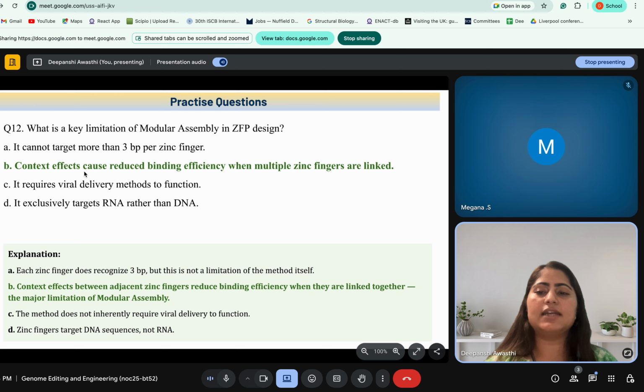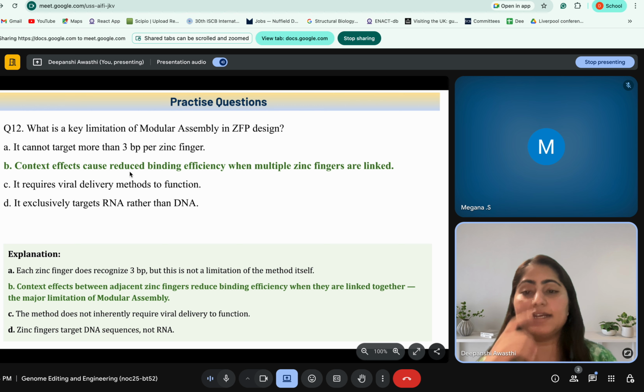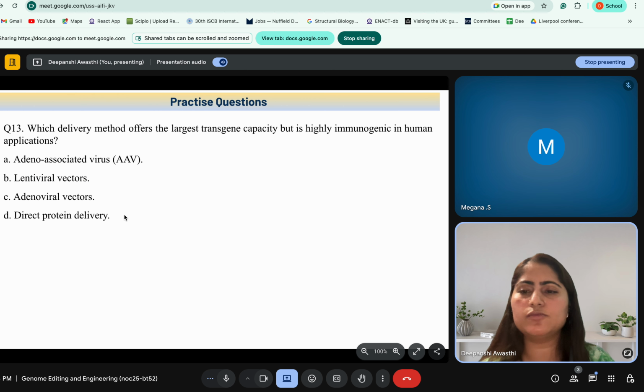The key limitation is that if we are linking multiple zinc fingers, then their linking can influence the binding based on the context. So the binding efficiency gets reduced, which is the context effects. When we were talking about it, we discussed it. Whereas the next, which says it requires viral delivery, is not true. We can use other delivery methods also, and it mainly targets DNA, not RNA. So that's why this option is also not true.